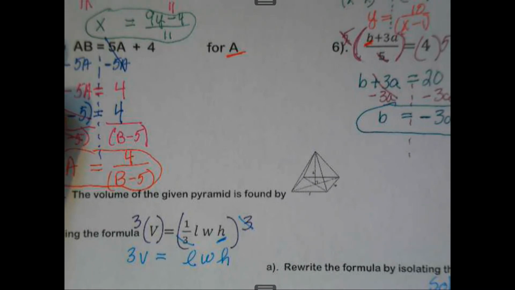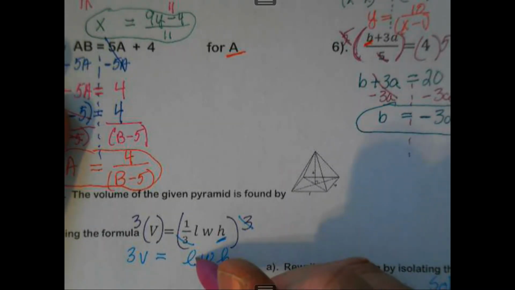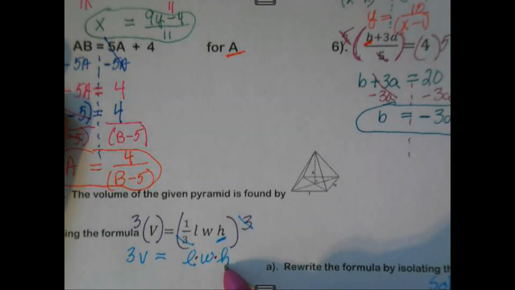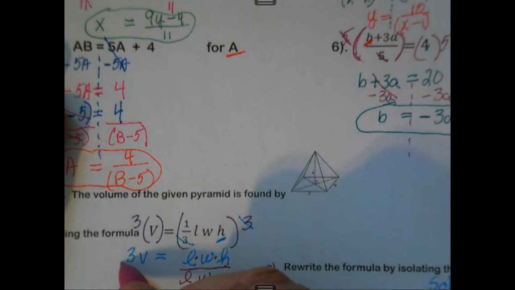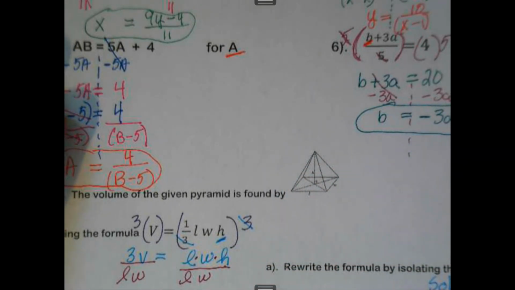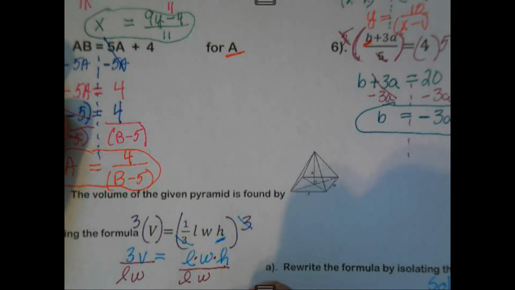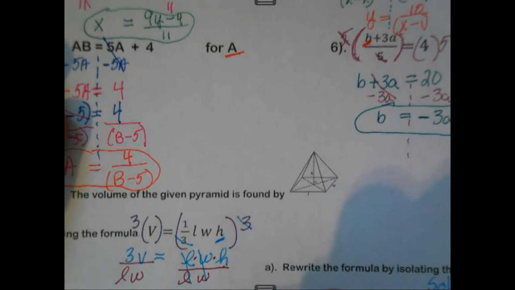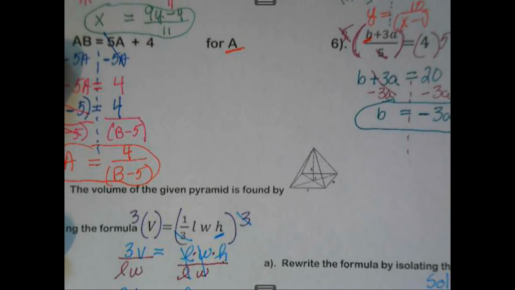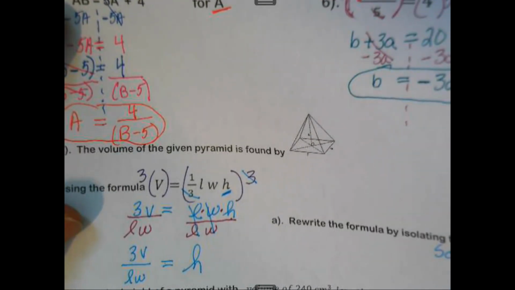I want the H by itself, so I'm going to divide by L and W. So I end up with 3V divided by LW. That equals, these cancel, my H. I have to move this down here. I have to adjust my camera.